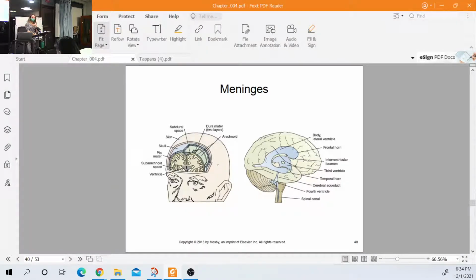The middle layer is the arachnoid mater, very thin, sticky, and cobwebby. And the last inner layer is the pia mater, very thin, and it's right next to the brain or spinal cord. So the outer layer is more durable, it's the dura. The inner layer is puny, pia mater. So D-A-P, DAP, is the layering.